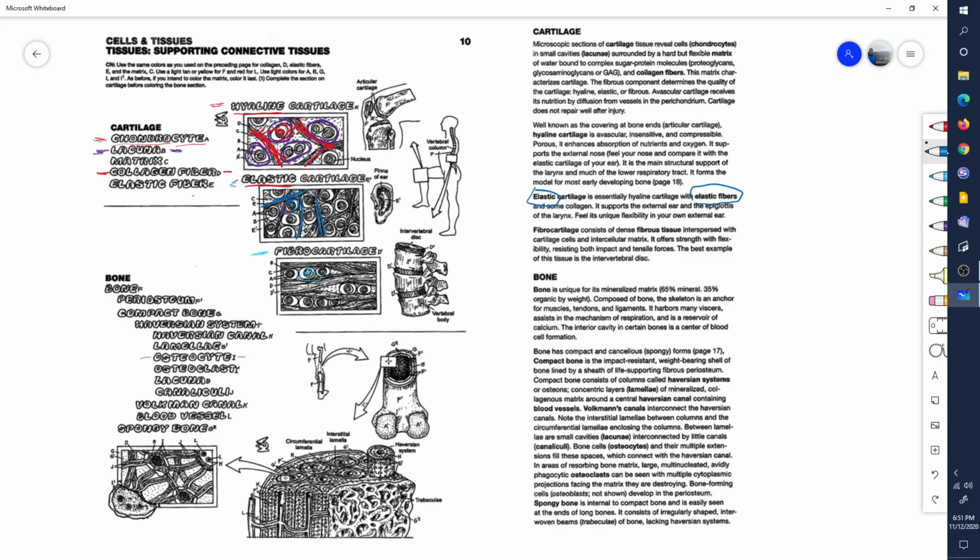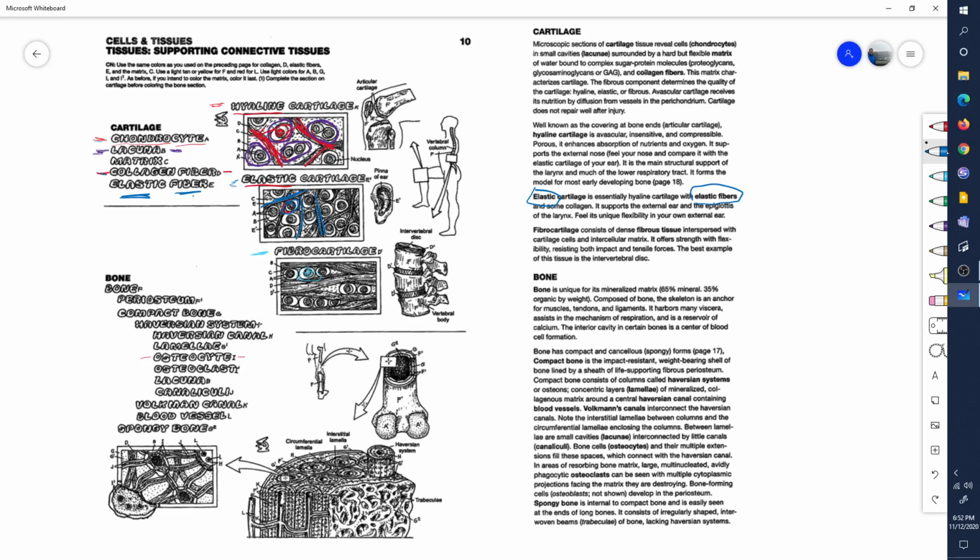And it's a protein. They're made out of elastin and a little bit of collagen in there. So the difference between hyaline cartilage and elastic cartilage is that elastic has a different type of fiber in it. It's got more elastic fibers in it, whereas hyaline cartilage has more collagen fibers.